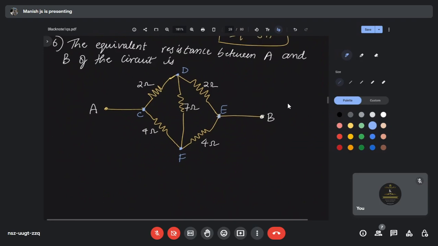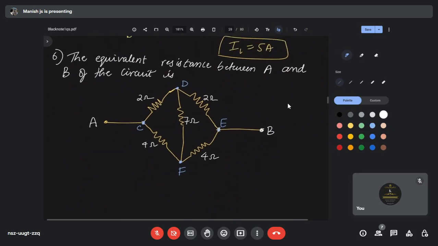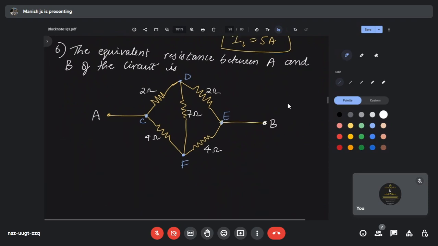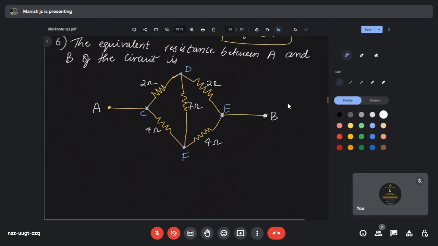Okay, இப்போ Wheatstone bridge circuit அப்படின்னு பார்த்தீங்கன்னா, it is a circuit that cannot be reduced using simple series or parallel combinations. ஏன்னா எல்லா இடத்துலயுமே நோட் இருக்கிறதுனால, so it's highly impossible to reduce such circuits using simple circuit reductions. ஏன்னா you can't say this is in series, this is in parallel.